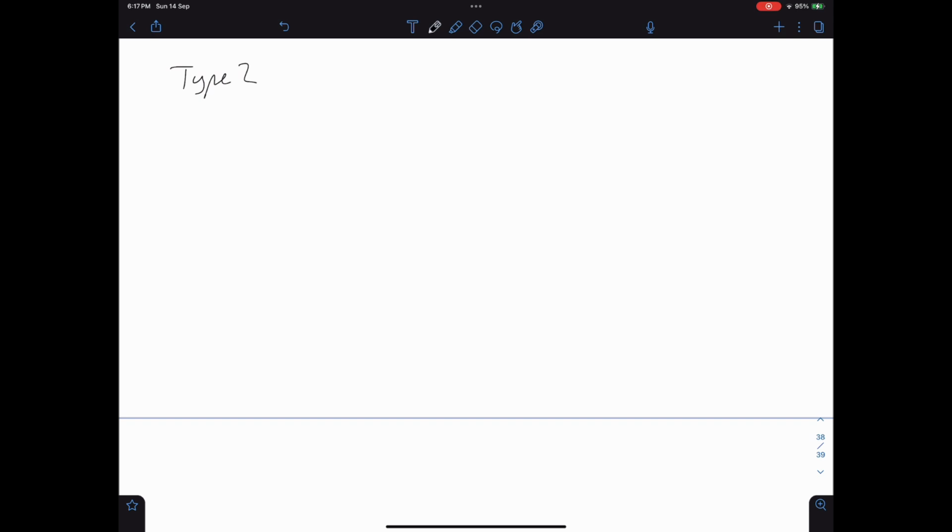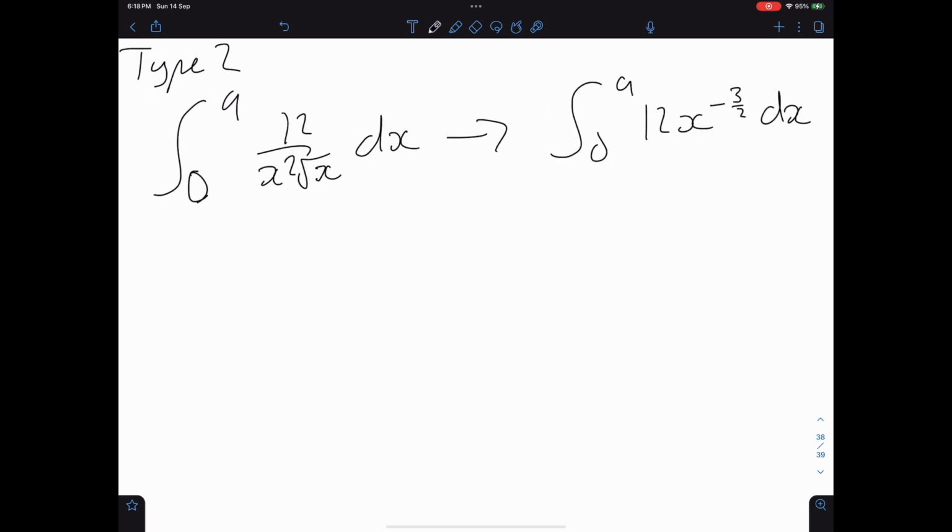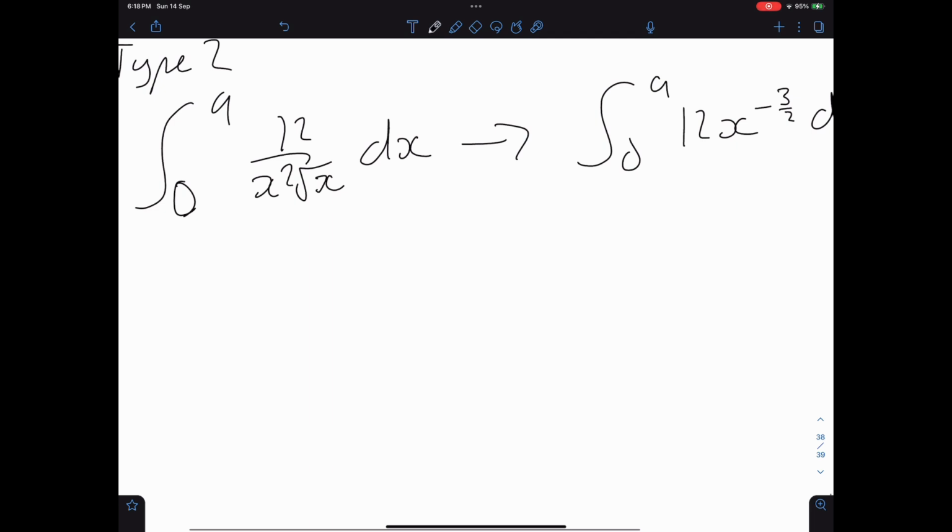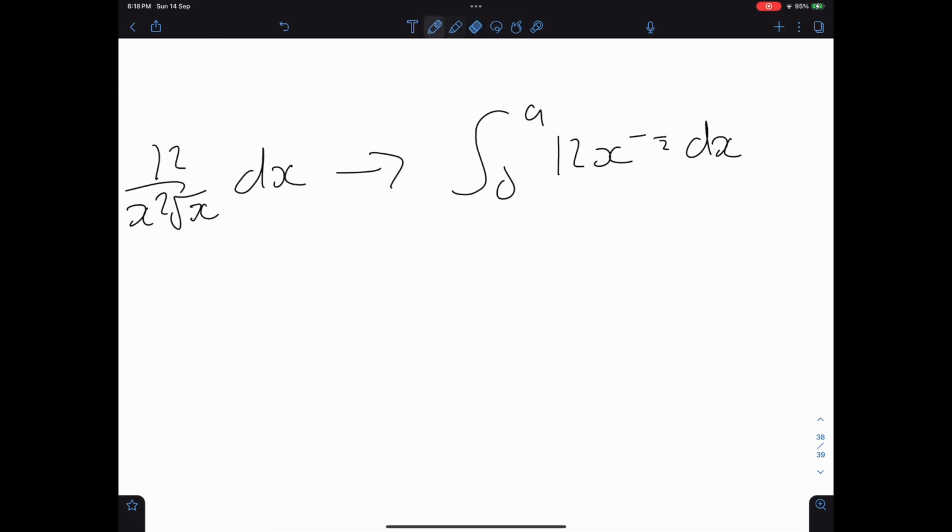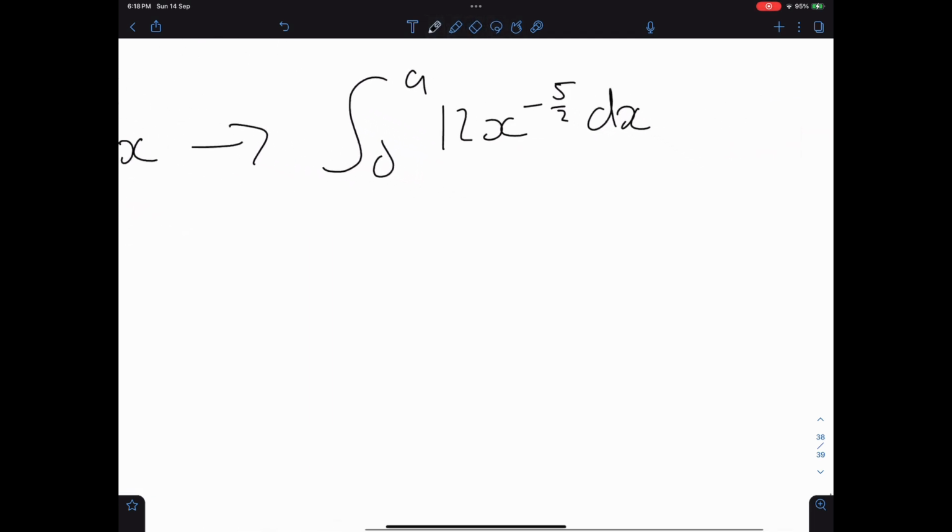For example, let's take the integral from 0 to 9 of 1 over x squared root x dx. And we're going to just turn this into x to the power of minus 3/2 dx, because 2 plus half is, not 3/2, 5/2 minus 5/2.